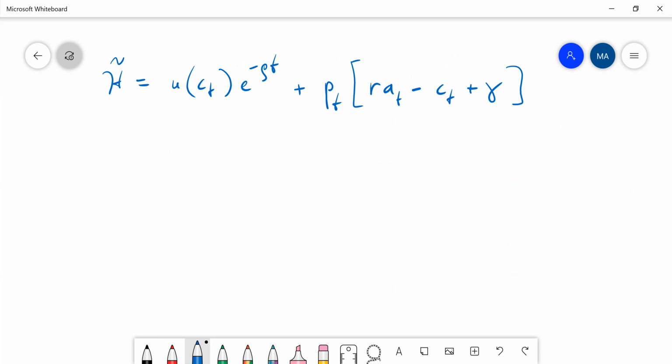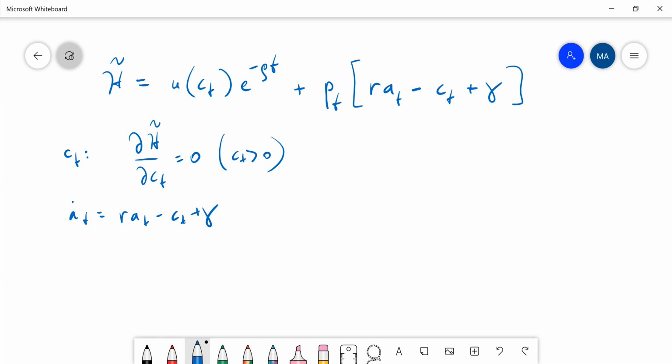Once again, I have the control variable, so the derivative of the Hamiltonian with respect to the control variable should be 0. Let's assume that C_t is positive. Then we have the constraint itself: rA_t minus C_t plus gamma.